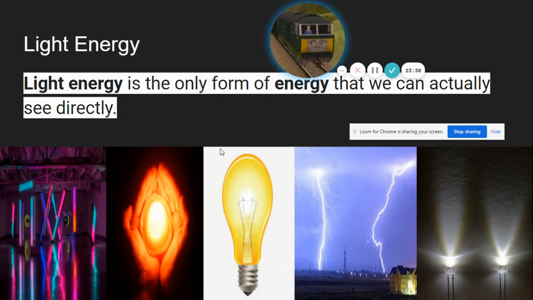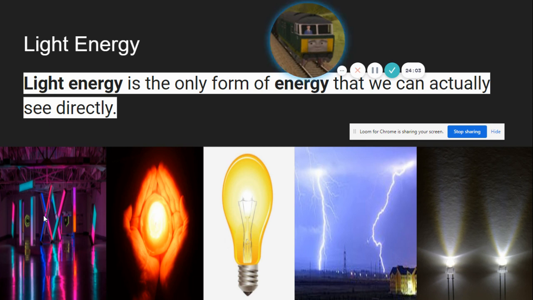All right, so light energy. Light energy is the only form of energy that we can see directly. This is a light energy that has a lot of light, just like I did so many light videos that you can actually see. I like to show my lights. My lights are showing in my room right now, which is that tall lamp, so darn tall.